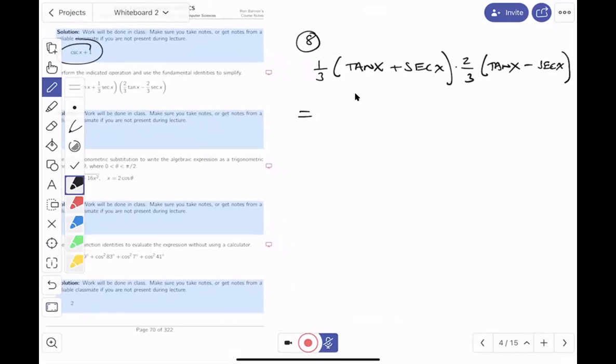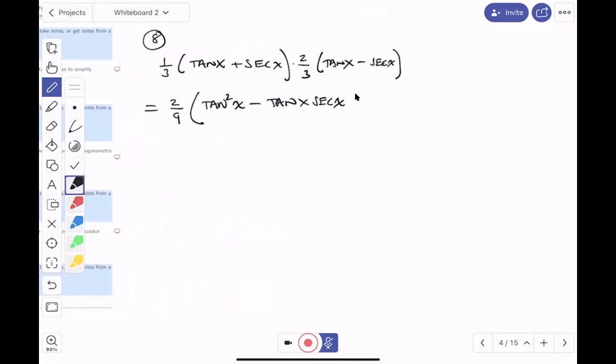All right, I'm going to move things around. It's called the commutative property of multiplication. And I'm going to associate the 1/3 with the 2/3, and that would give you 2/9. And now I'm going to do the multiplication. And you would get tangent squared minus tan x secant x. Let's see what we get.